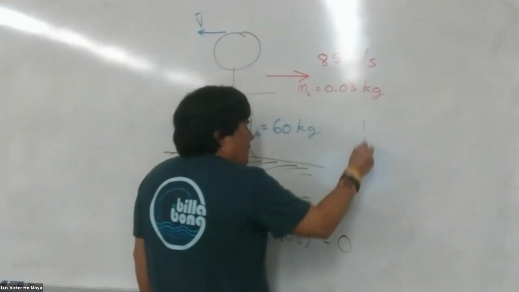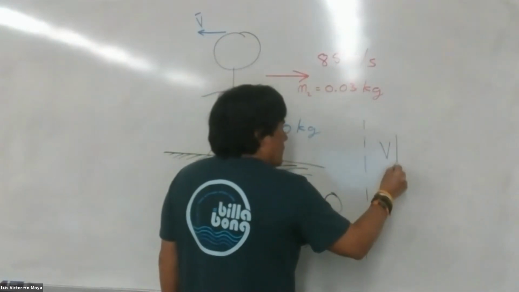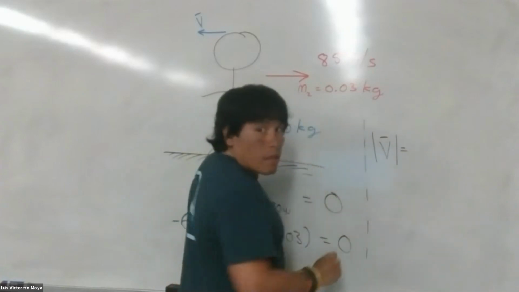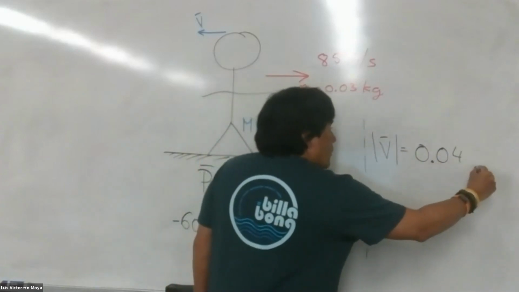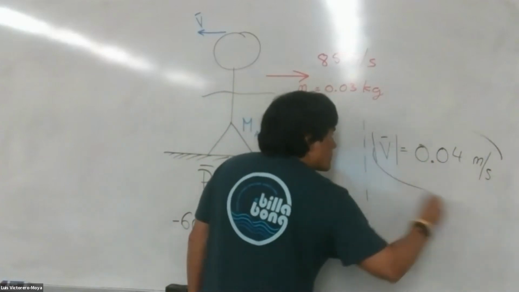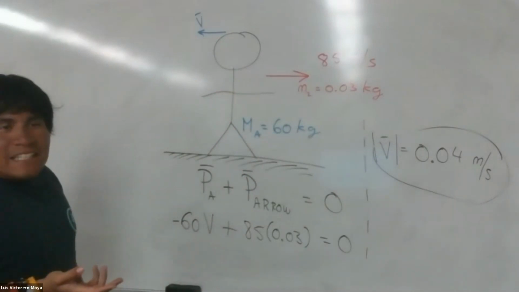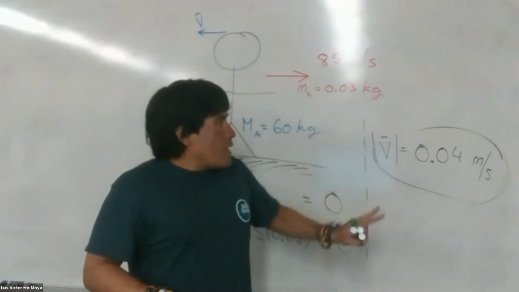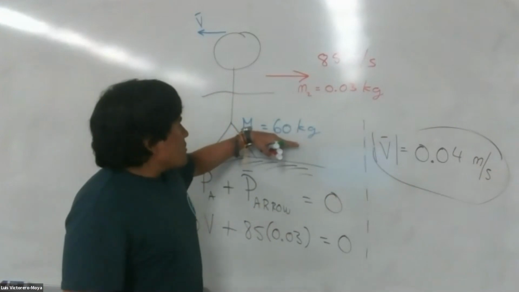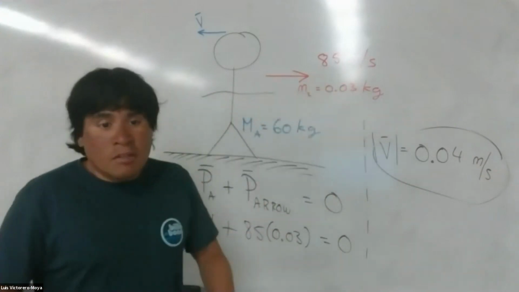The magnitude of v, so the magnitude of the velocity of the archer, I get 0.04 meters per second. So he won't recoil with a lot of speed, and that's because of the very large mass of the person in comparison with the mass of the arrow.